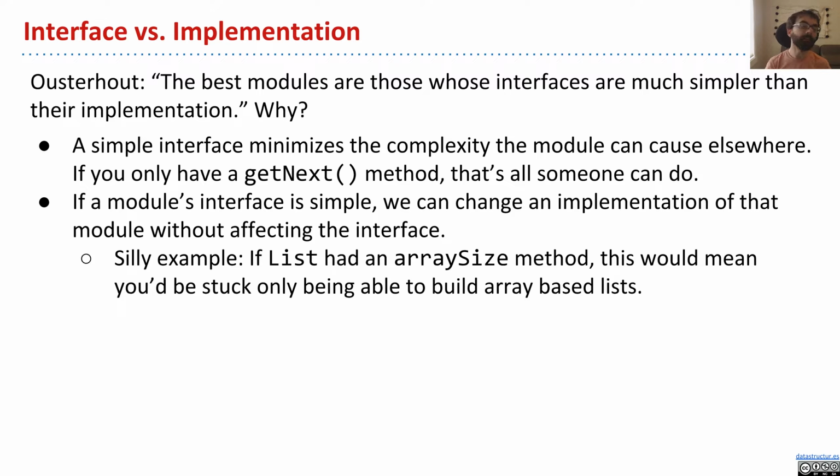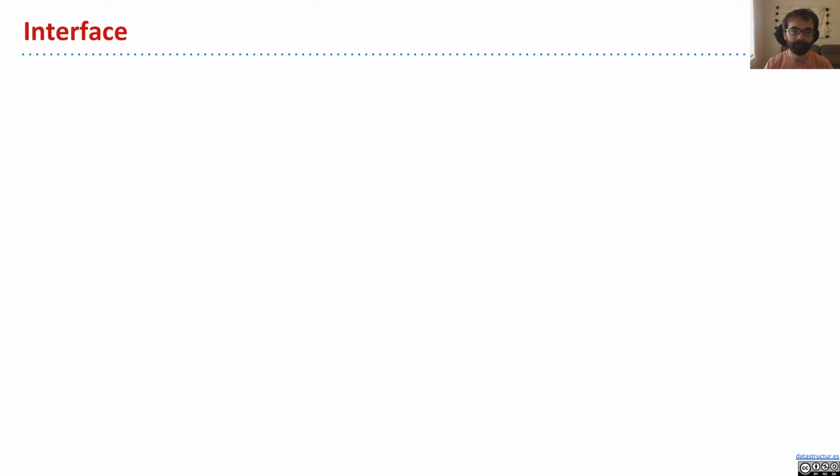Well, that would mean that if you decided to build a linked-list-based list, it would be strange. You would need to change the interface in some way, maybe rename this method, and it would box you into a corner. But by keeping our module's interface really simple, we can change the internals without affecting the interface because the interface is so general and so abstract. The user doesn't need to know about the internals of what's going on.